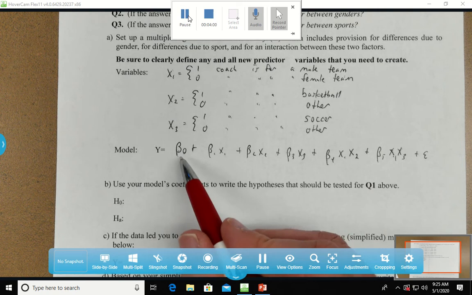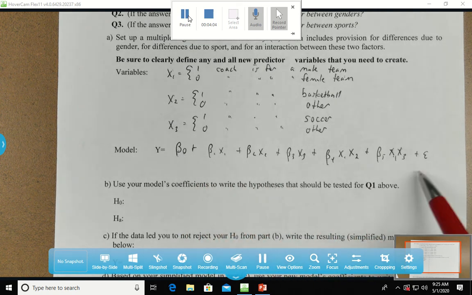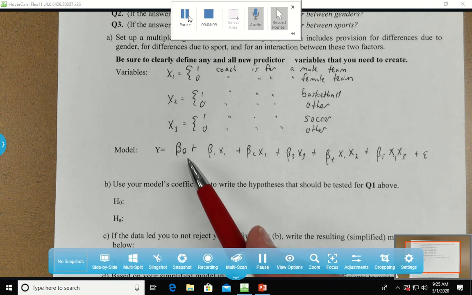This is our hypothesized model, which is why we use Greek letters and add the epsilon. When we actually calculate our estimates, we would change these to beta hats or to b zeros.